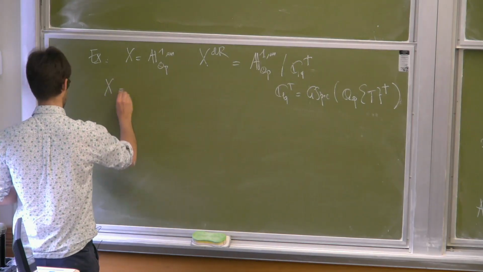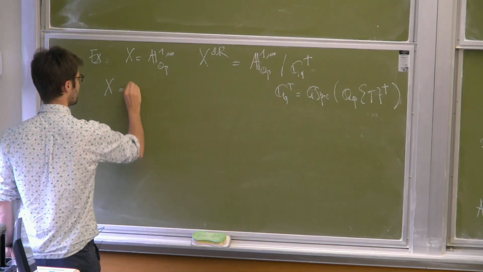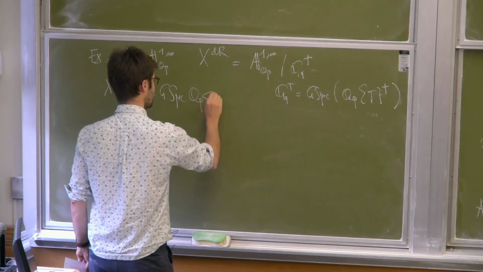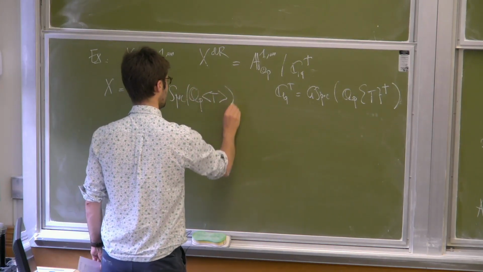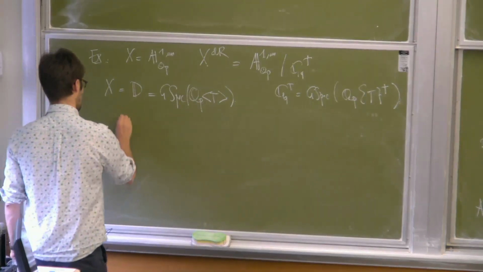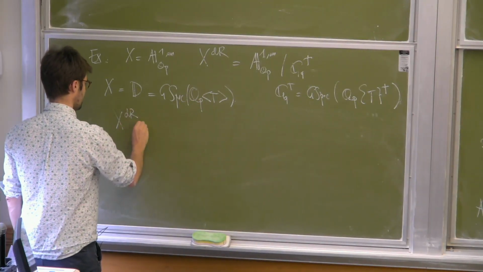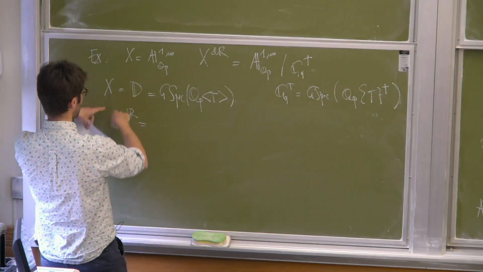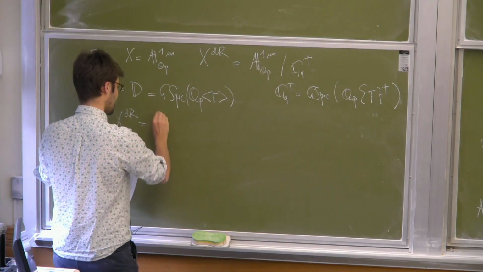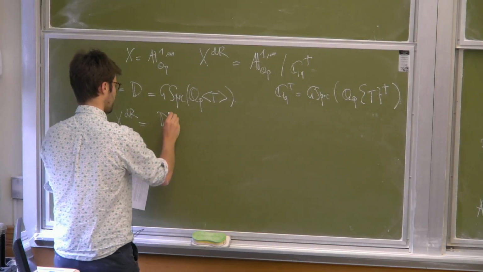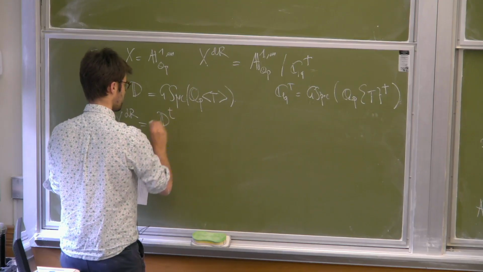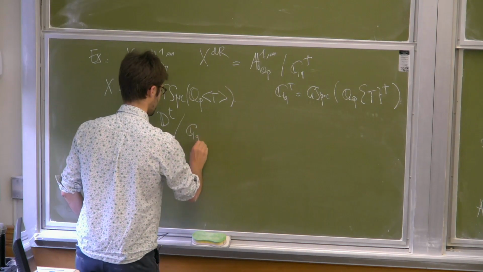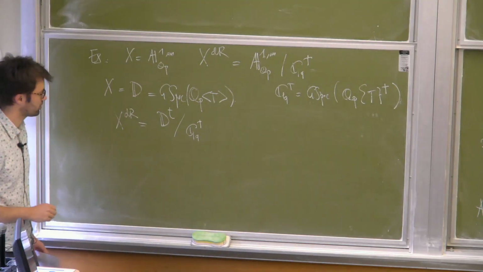Another interesting example is if you take the affinoid disk D, so that's just Gspec of Q_p⟨T⟩. Then X de Rham is given by... in this case, in fact, the natural map from X to X de Rham is not surjective. So really the correct description of the de Rham stack is you take the overconvergent disk of radius 1, and again you quotient by the action of G_a^dagger by translation.